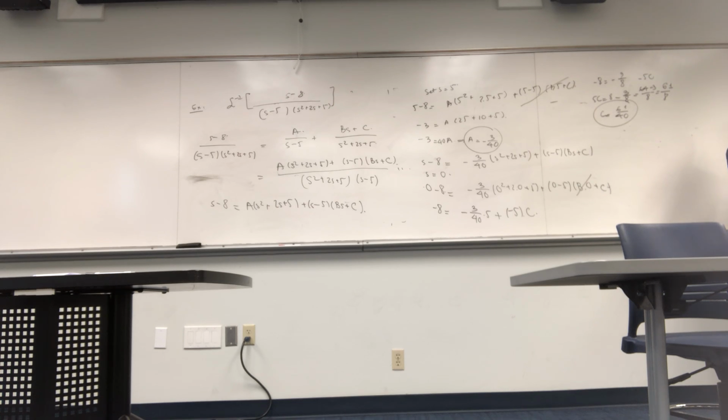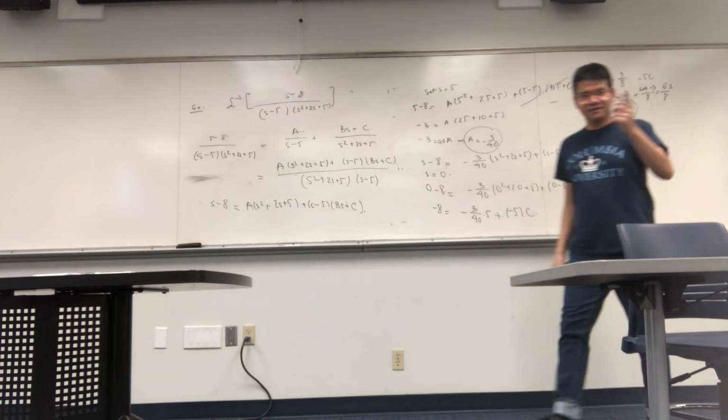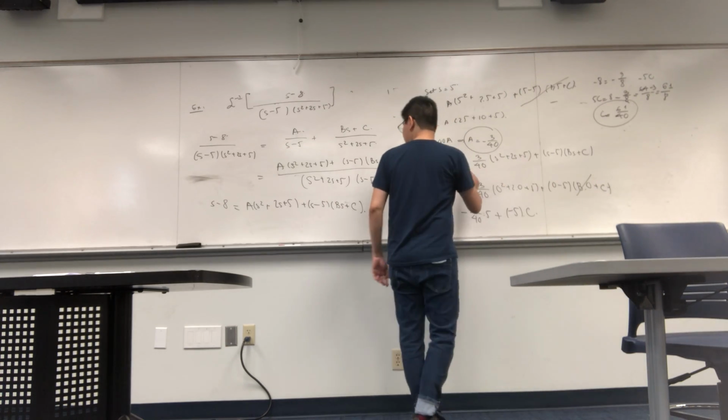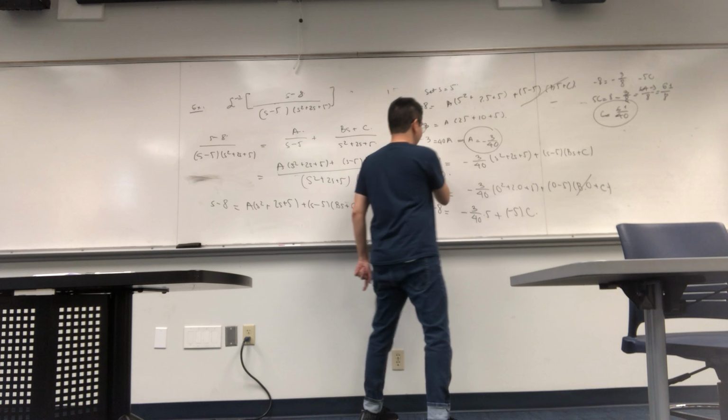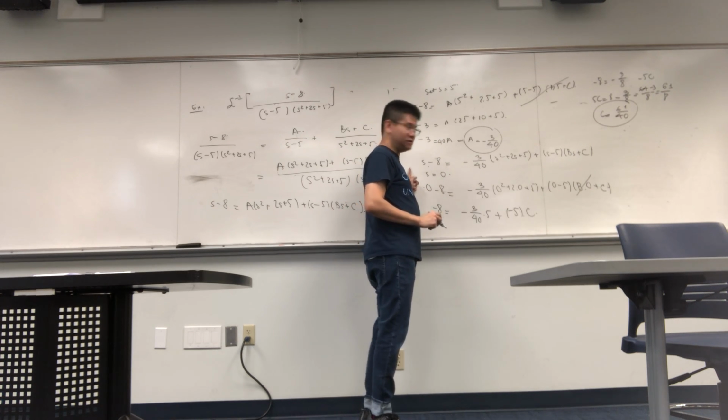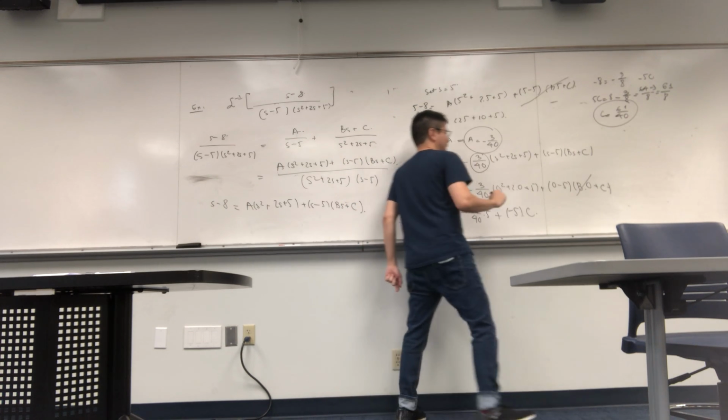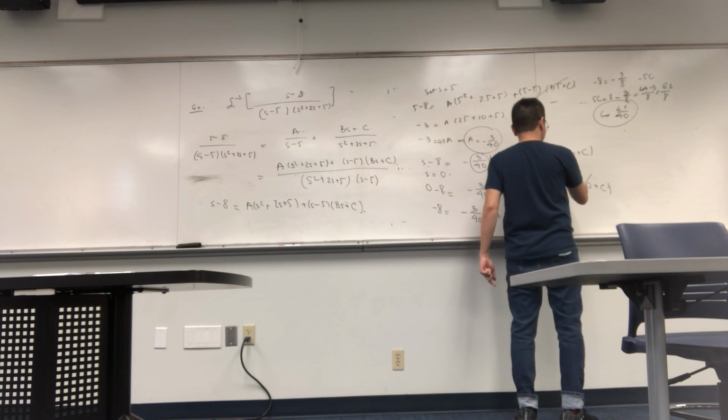There's something missing, right? Yes. A plus B, and we know A, so that will be negative 3 over 40 plus B. So if you look into this formula, on the left hand side you don't have s squared. On the right hand side, you have one s squared here and another s squared here, right?